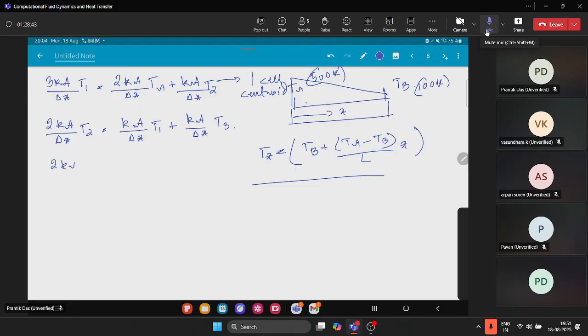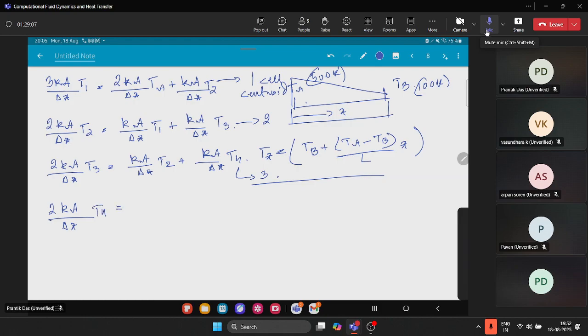Then 2K by delta x T3 equal to K by delta x T2 plus K by delta x T4. So these are for the second cell centroid, the third cell centroid, and this one is for the fourth cell centroid.